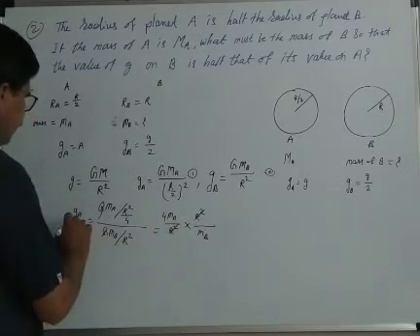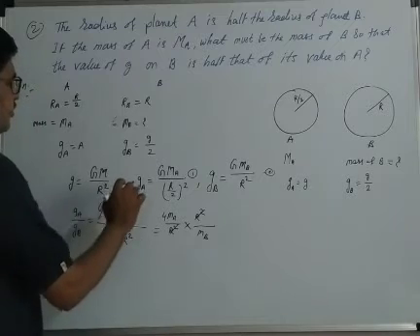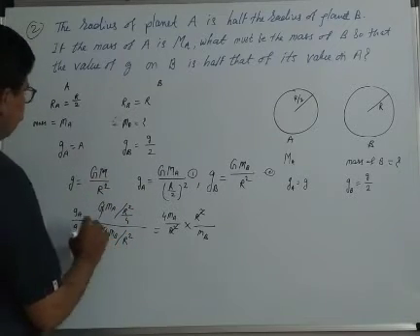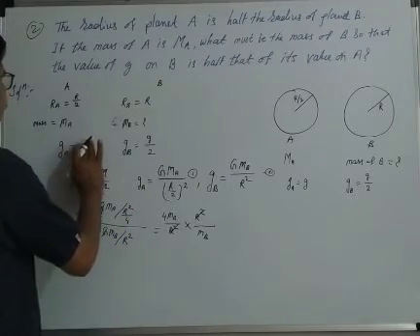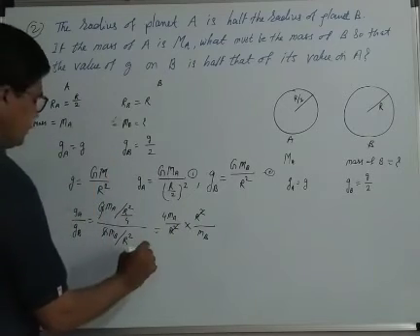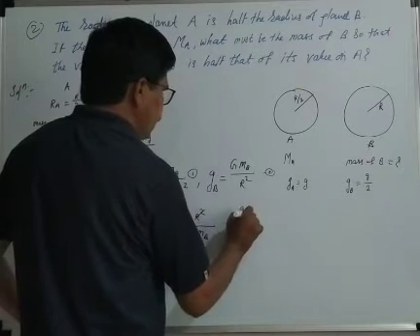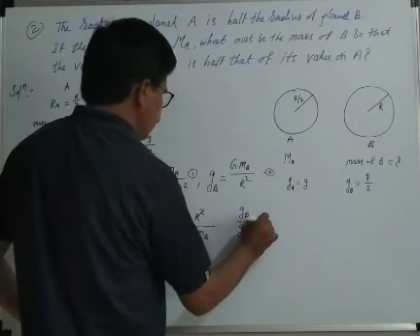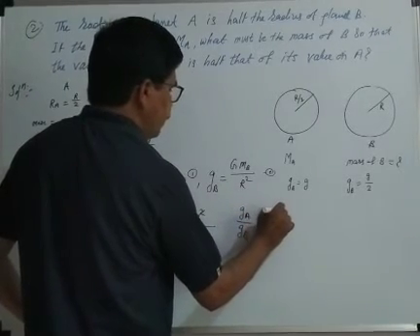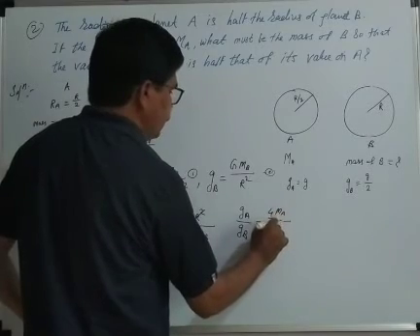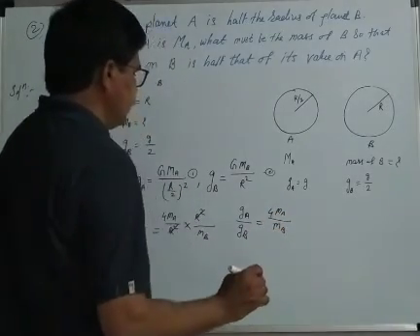Now put the value of GA upon GB. The value of GA is g and GB is g by 2. GA upon GB is equal to 4 MA upon MB.